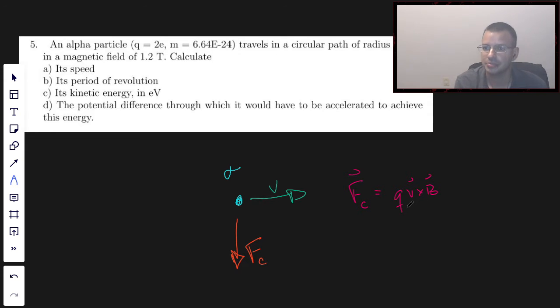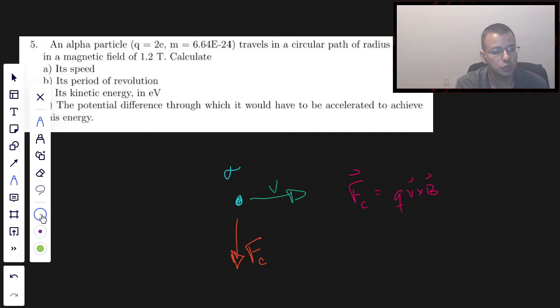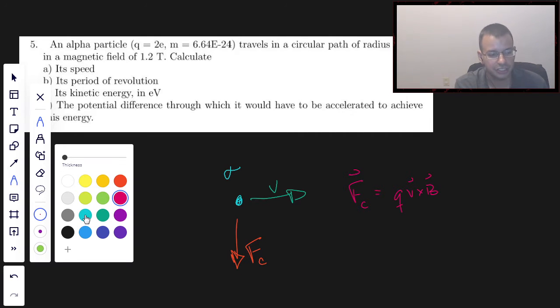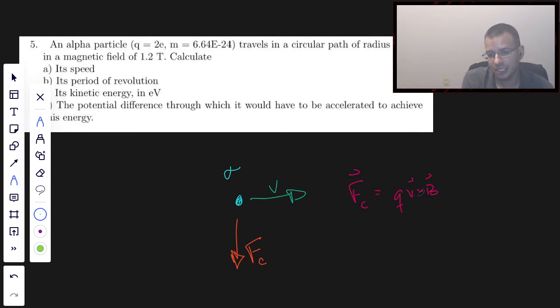And the cross product is a measure of how perpendicular two vectors are. So you get one vector crossed by another vector, and it produces a third vector that is perpendicular to both of the previous vectors, and the magnitude is related to how perpendicular the two vectors are. So specifically by sine of theta, the sine of the angle between the two vectors.